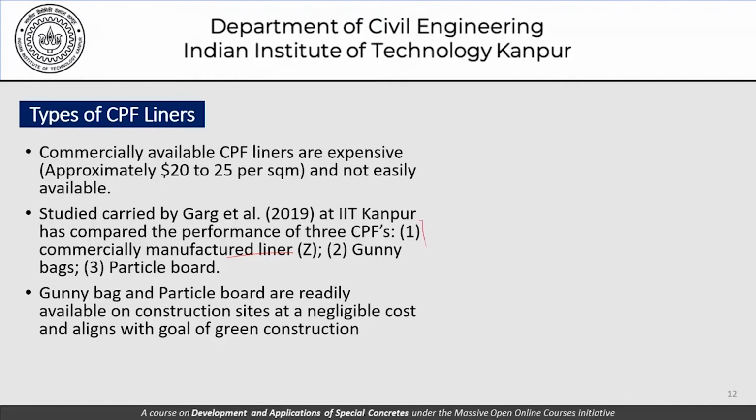So we used 3 CPFs or 3 materials as CPF, and we tried to study their effectiveness, in terms of the improvement in the properties of surface concrete. So gunny bag and particle boards are readily available at construction sites at a negligible cost and aligned with the goals of green construction if you are so inclined.